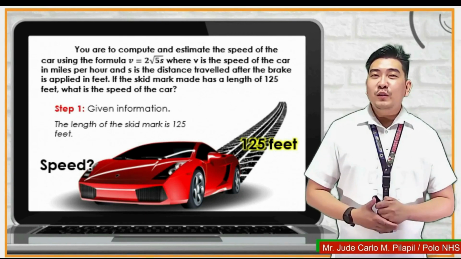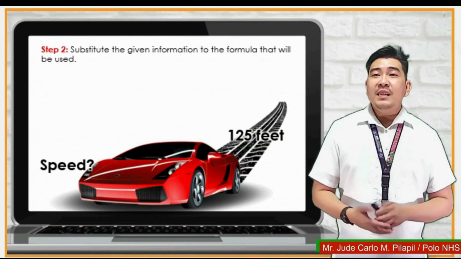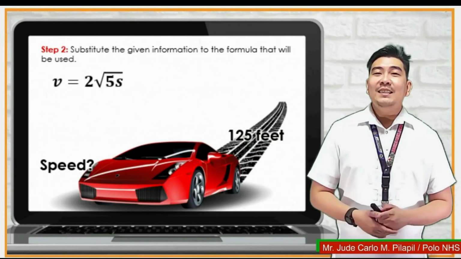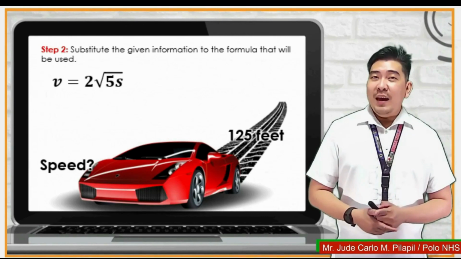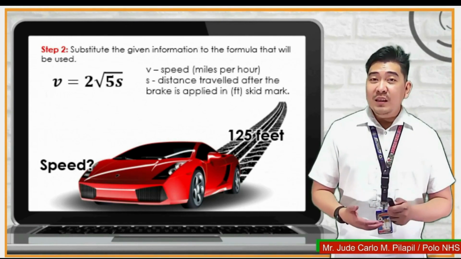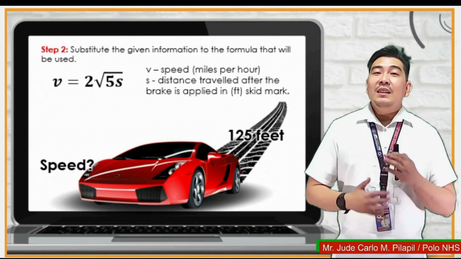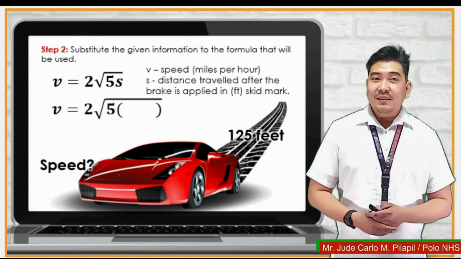Let us go to step number 2. We are given with the formula that we are going to use and that is V is equal to 2 square root of 5s. Let us substitute 125 feet, which is considered the length of the skid mark, in replace with variable s.